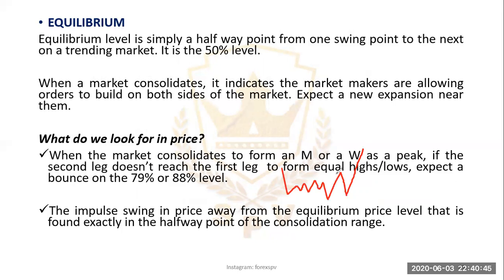So we have the swing points on the consolidation. I usually use the equilibrium points when the market consolidates, so around the peaks. I look for the swing highs and the swing lows that are within this range. So I put my Fibonacci tool from here to here. So the market has consolidated.